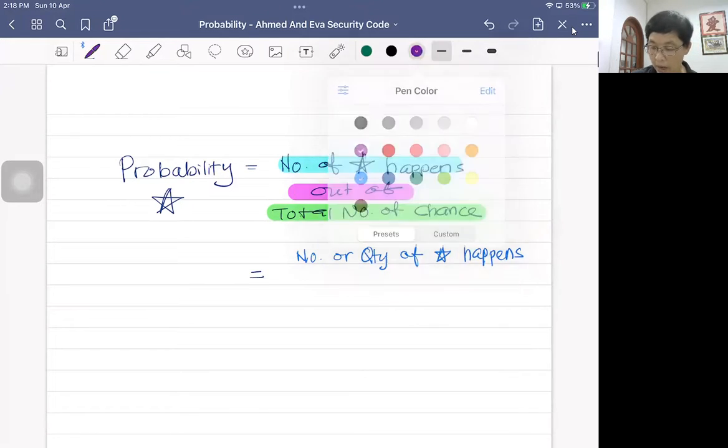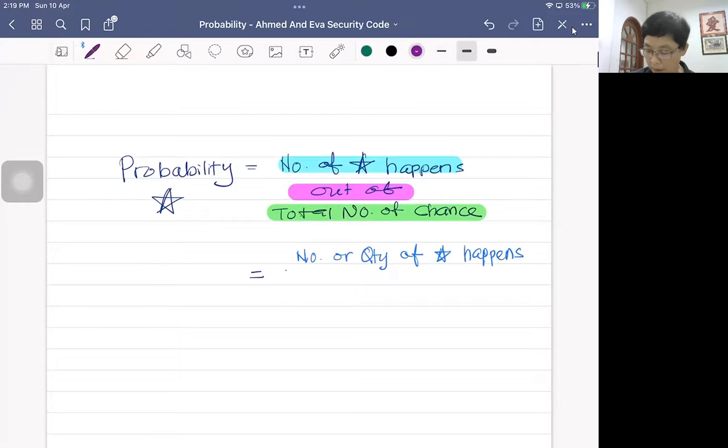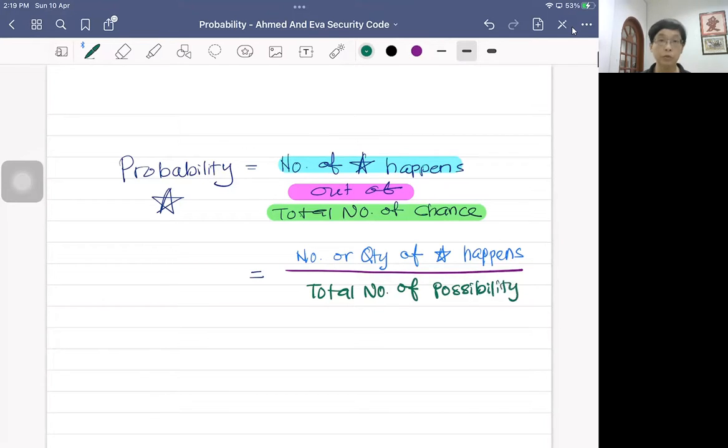And then out of is mathematically represented by a dividing line. And then the total number of choices. So let's put in the total number of possibilities, or the number of chances.